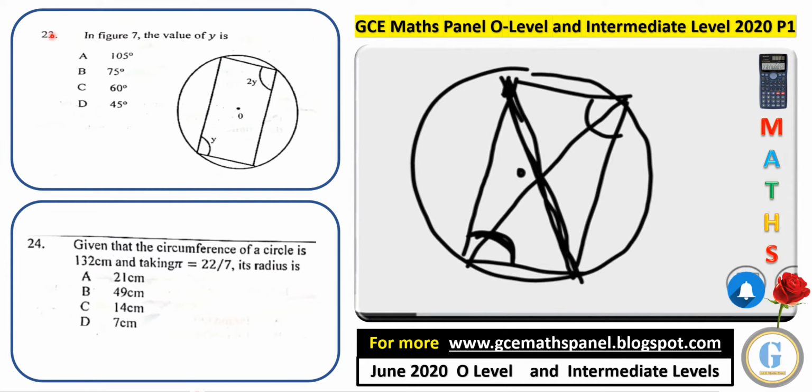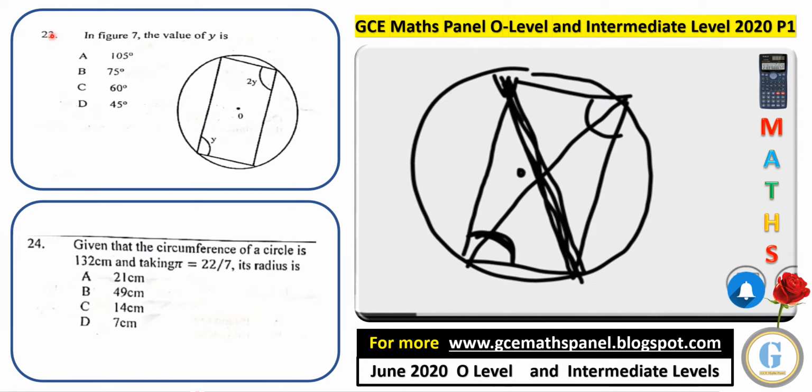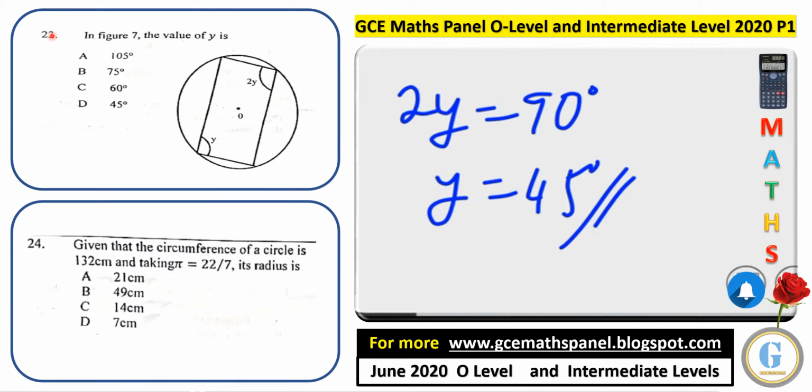So any angle subtended by this diameter must be equal to 90. It means that this angle here must be equal to 90 degrees. And if this 90 degrees is equal to 2Y, so you have 2Y is equal to 90 degrees, and our Y will be equal to 45 degrees. Otherwise, we need further information if you have to solve any other thing. So our key here is B.